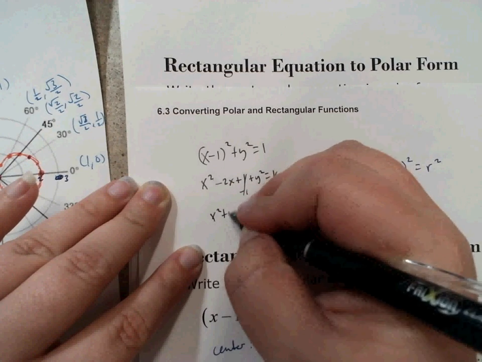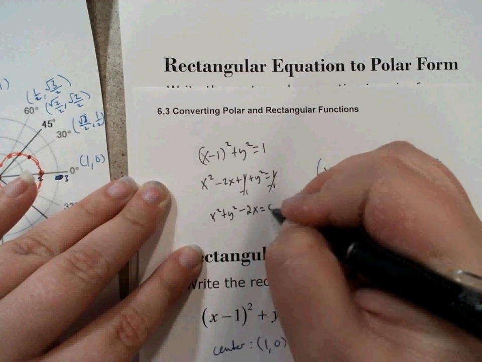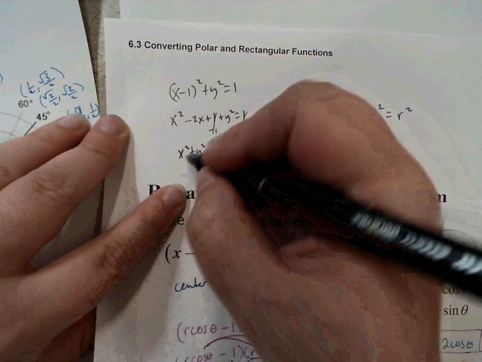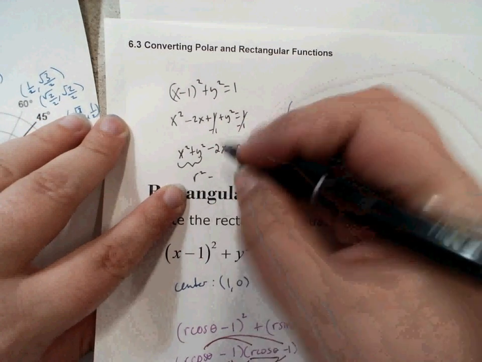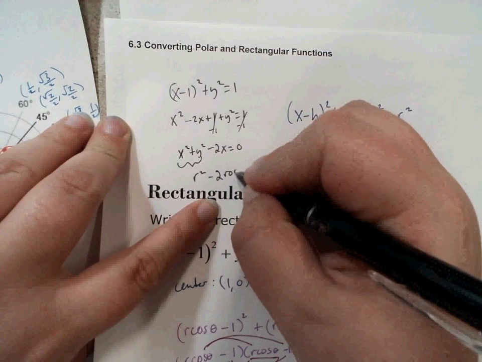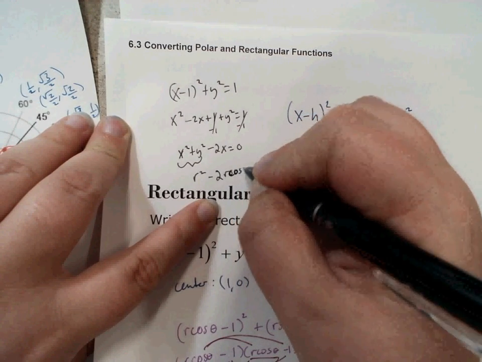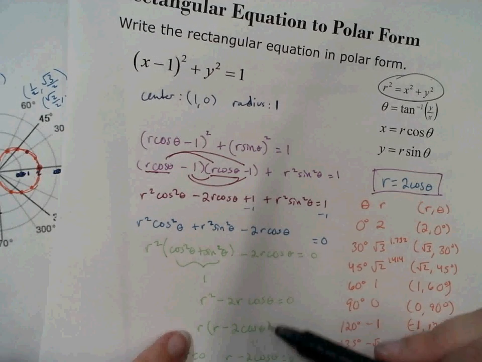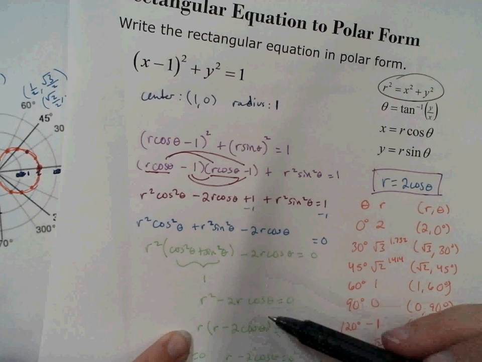And then you got x squared plus y squared minus 2x equals 0. Well, x squared plus y squared equals r squared. So we could have just said minus 2, and then x equals r cosine, so 2r cosine theta. And so we're right here much faster than it took to get there down here.